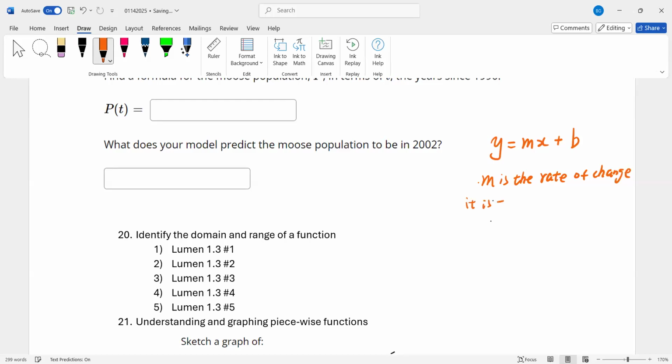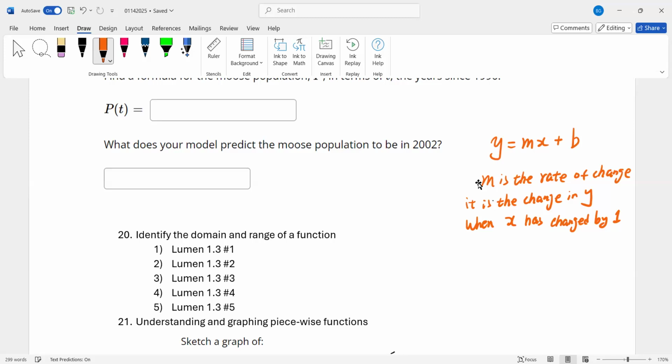It is the change in y when x has changed by 1 unit. So the change in y is caused by changing x, because x is the independent variable, y is the dependent variable. y depends on x. The value of y depends on the value of x.